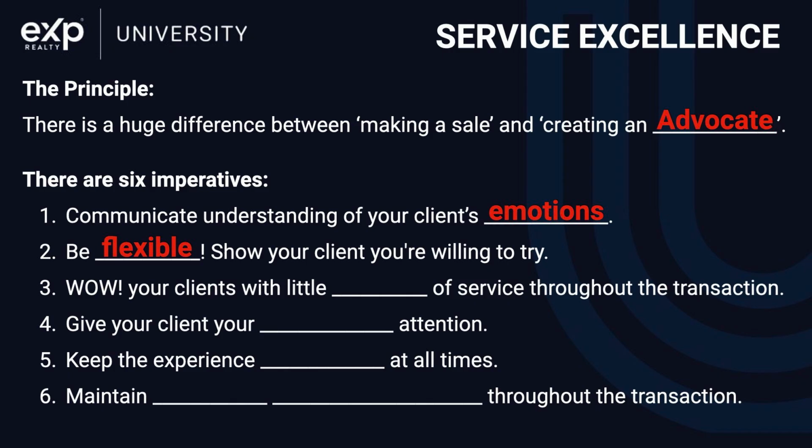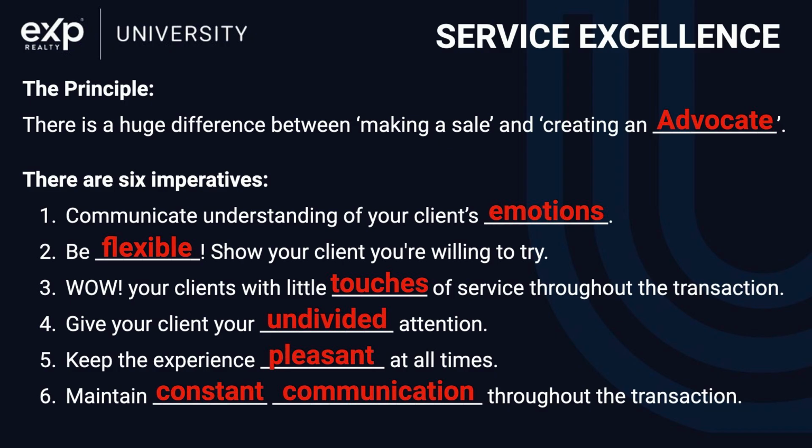Number 3, wow your clients with little touches of service throughout the transaction. Number 4, give your client your undivided attention. Number 5, keep the experience pleasant at all times. And number 6, maintain constant communication throughout the transaction.